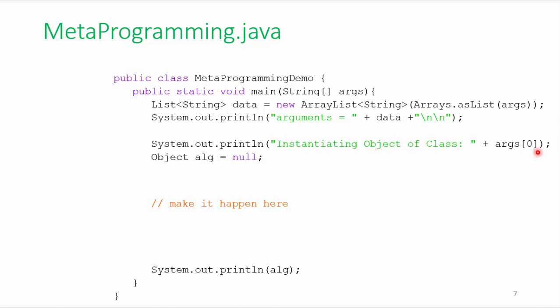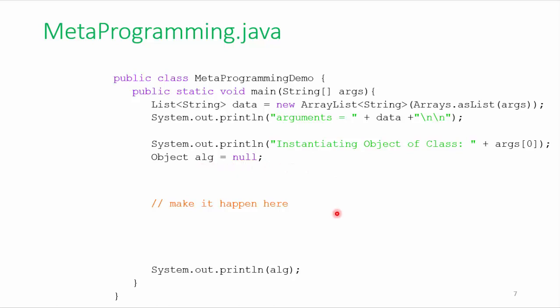So that can be BayesAlgorithm, that can be FancyAlgorithm, ReallyFancyAlgorithm. That's what the user of our application is going to specify as first argument, the name of the class that they want our main method to create an object of. Okay, so here I have Object alg equal null.